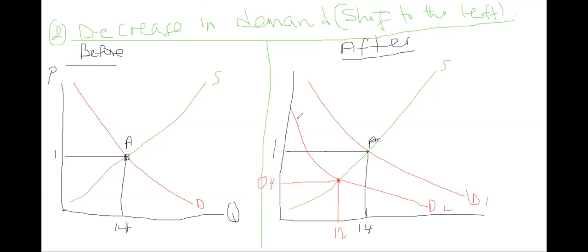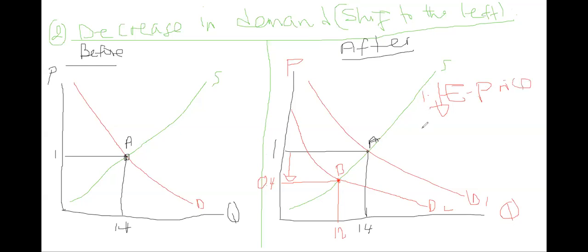This is our price axis, this is quantity. We were operating here, but because of the decrease in demand, we got here. So a decrease in demand leads to what? A fall in the equilibrium price. We have seen it falls from 1 to 0.4. So the first impact is a fall in the equilibrium price.